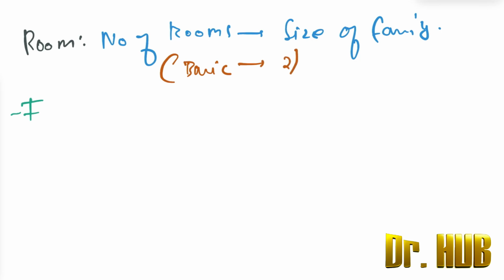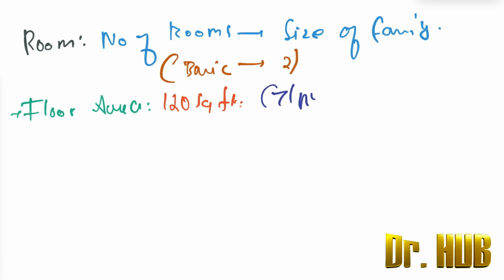What about the floor area? A living room should have at least 120 square feet of area for occupancy of more than one person, and 100 square feet for only one person.